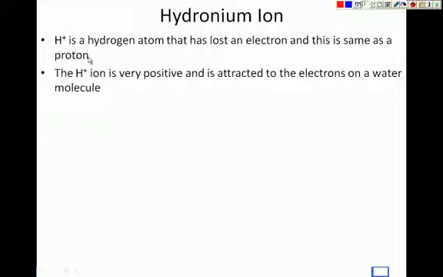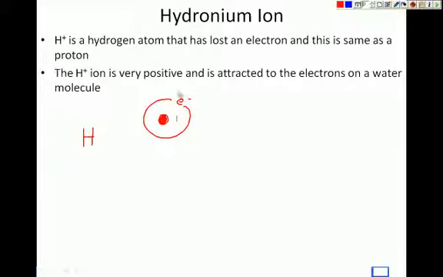It has lost an electron, and as we know, hydrogen normally has one proton and one electron. So normally it's one proton with a single electron floating around it.